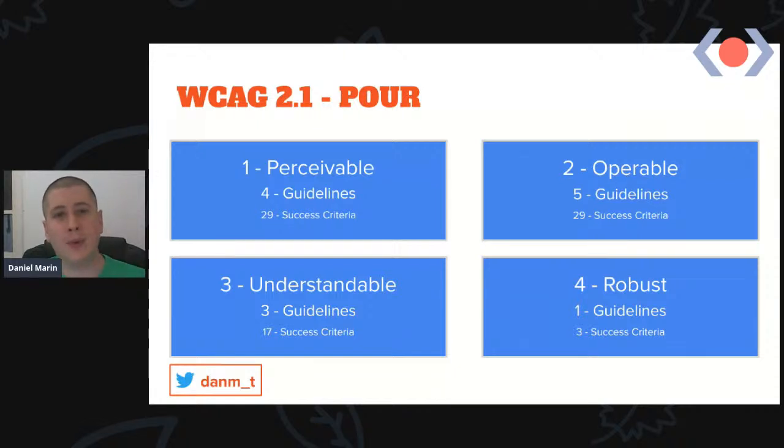Each of these principles is divided into guidelines that explain, in an abstract way, how you should deal with certain scenarios. And then you have success criteria, which are a little bit more concrete, so you can actually follow steps. They even have suggestions and examples, so there's a lot of content inside WCAG that can be really helpful for you.